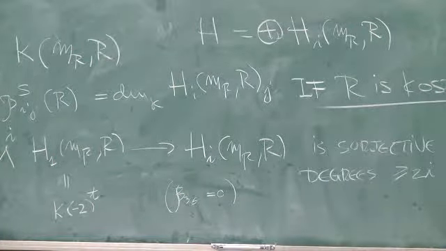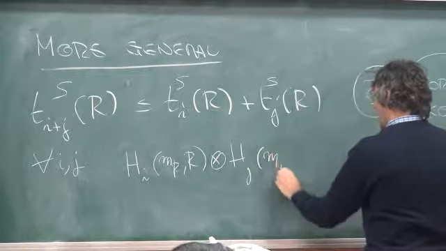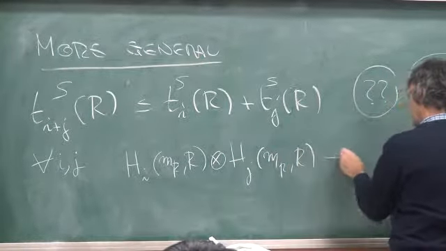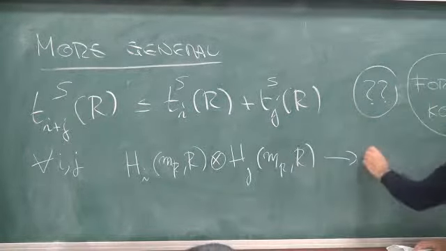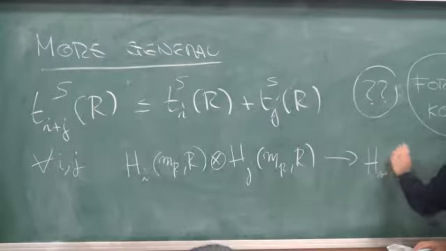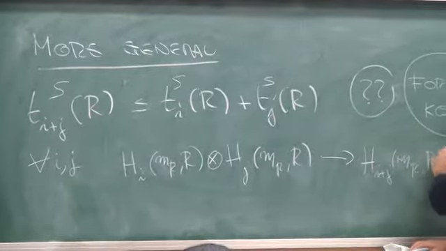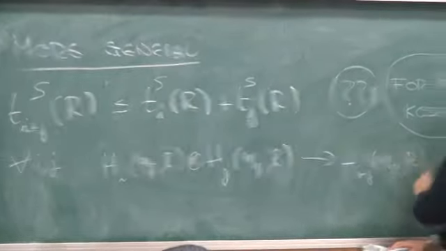So maybe there is some nice statement which refers to: you take HI(M, R) tensor HJ(M, R), and the multiplication map leads you into H(I+J)(M, R). So maybe we are saying that this map is surjective in certain degrees. If we are able to say that, we get a statement like this.